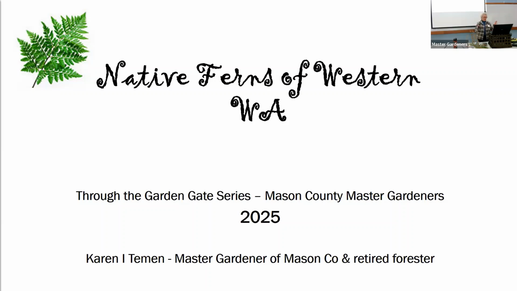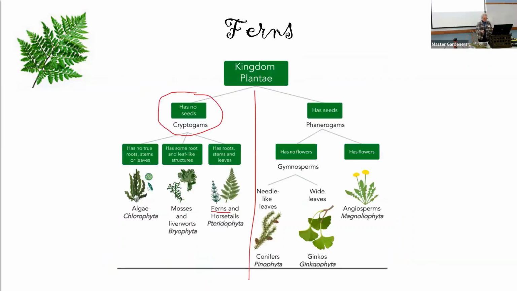There are more, but I don't have much time, so I've narrowed it down to 6. Hopefully through this discussion, I'll lay some of the foundation that you'll need in order to potentially incorporate some of these natives into your own landscape. House plants too, but more your landscape.